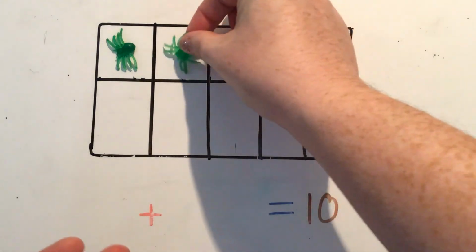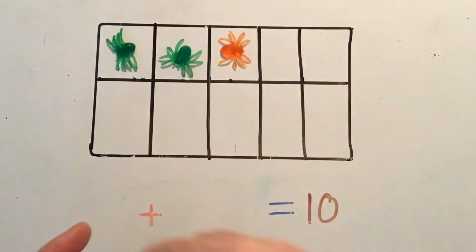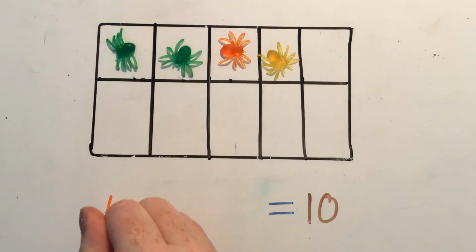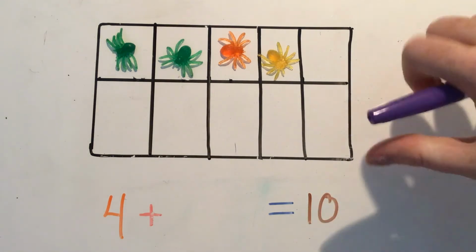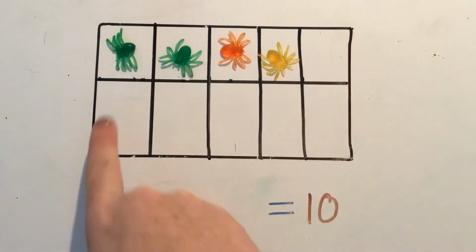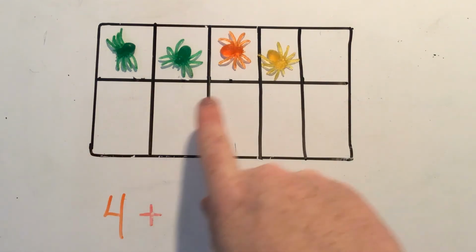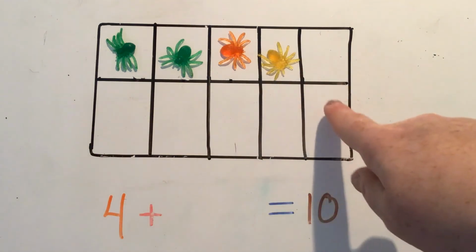Okay, 1, 2, 3, 4. I have 4 spiders in our tens frame. How many more spiders would I need to make sure that there's a spider in every spot on our tens frame? Let me count and see how many I would need. 1, 2, 3, 4, 5, 6.